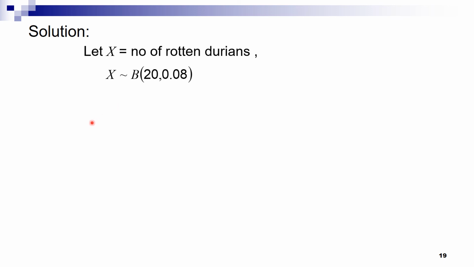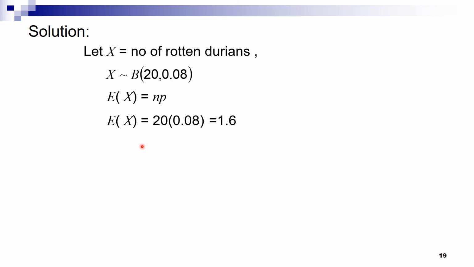Now you need to find the expectation of the number of rotten durians. So the expectation is E(X), which is np. So your n is 20, your p is 0.08, you multiply, so we have 1.6. So the expectation of the number of durians which are rotten is 1.6.